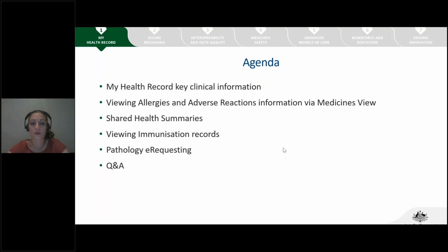We'll also talk about the importance of uploading shared health summaries for your patients, and I'm going to explain some of the latest enhancements that have been made to the My Health Record system when it comes to viewing patients' immunization records. We're also going to look at how you can make sure that your patients' pathology results can be uploaded to their My Health Record as well, and how pathology e-requesting can play a role in that process.